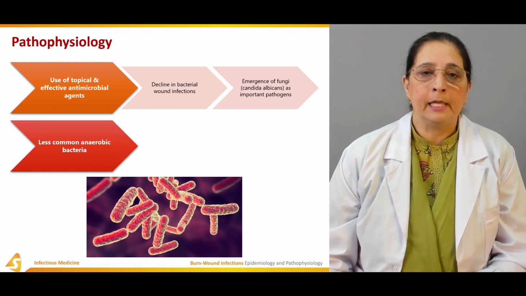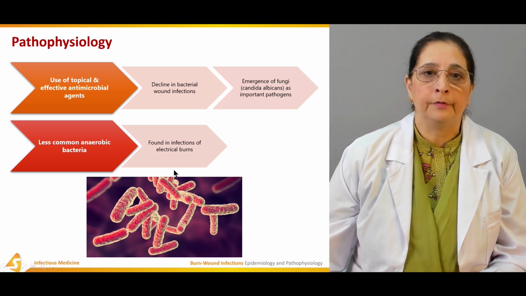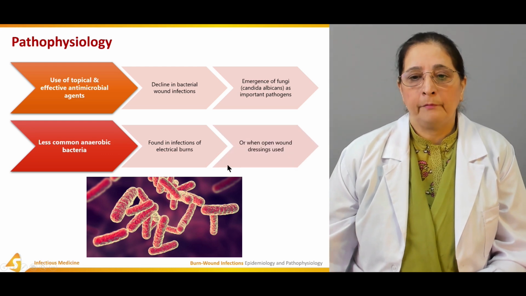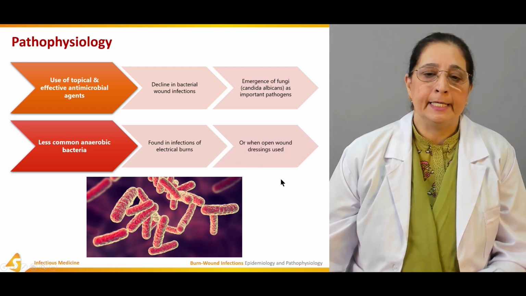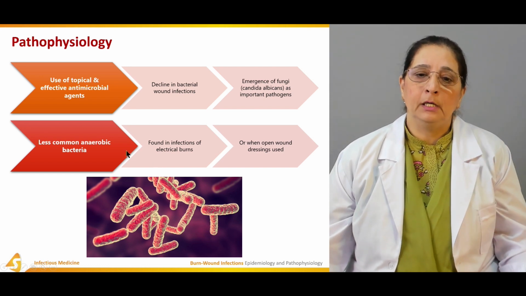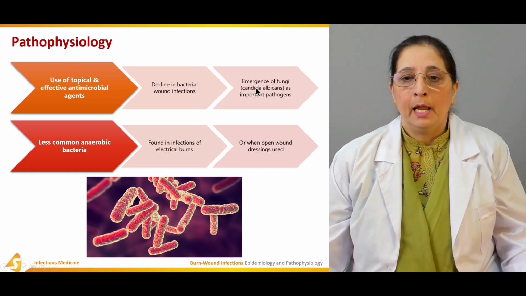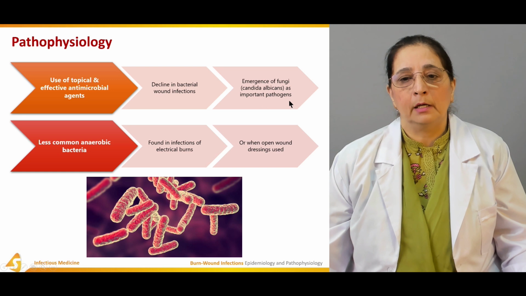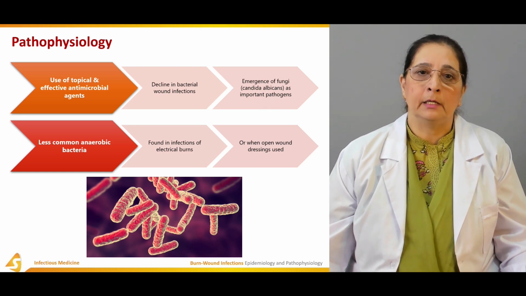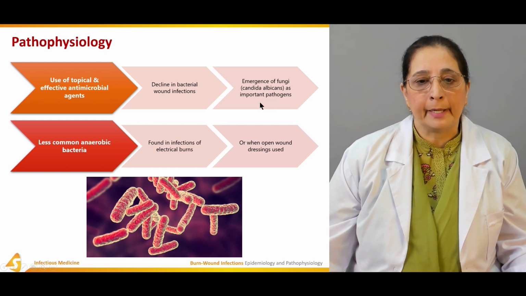Less common anaerobic bacteria are found in infections of electrical burns or when open wound dressing is used. So we can use topical ointments which decrease the infection of the wound, and Candida albicans, a fungus, can emerge as an important pathogen.